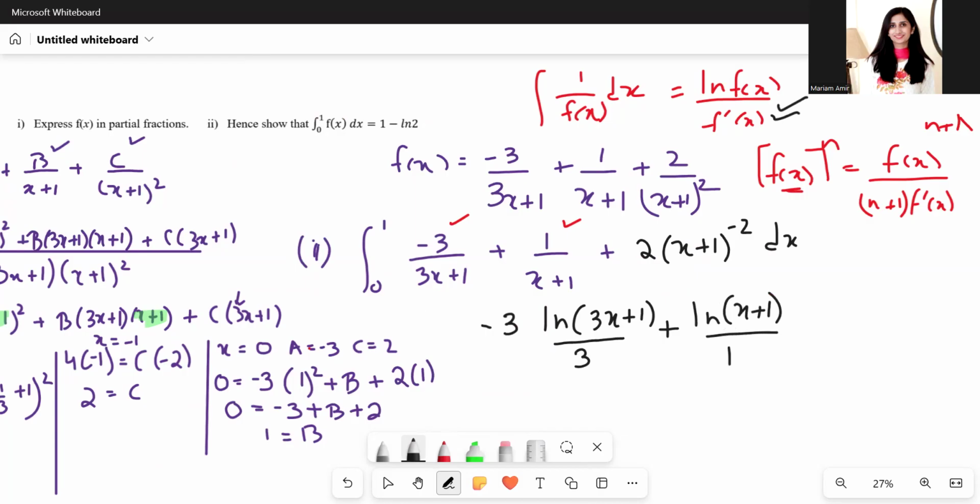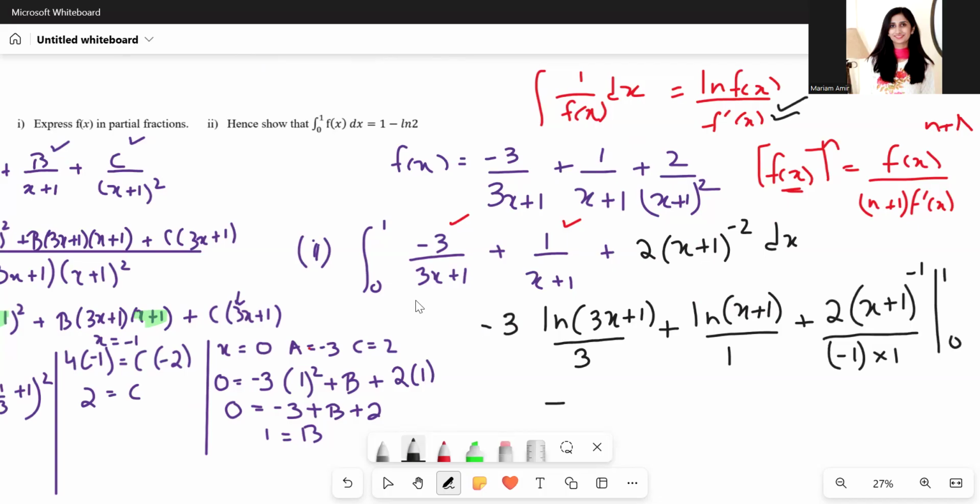And for the other one, we're going to use the power rule, which is 2 gets written on the side, (x plus 1). The power gets added by 1, so minus 2 plus 1 is minus 1. In the denominator, we'll also get minus 1 times the derivative of this, which is already 1. And the limits are 0 to 1.